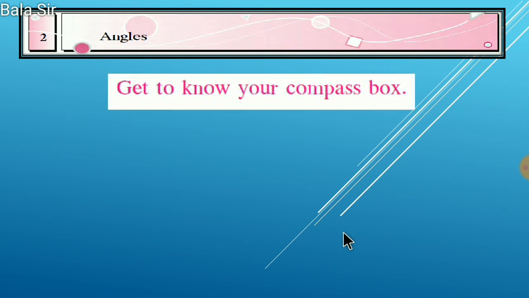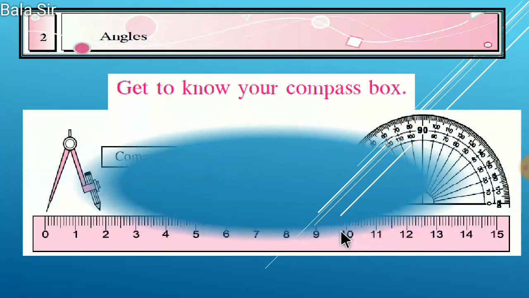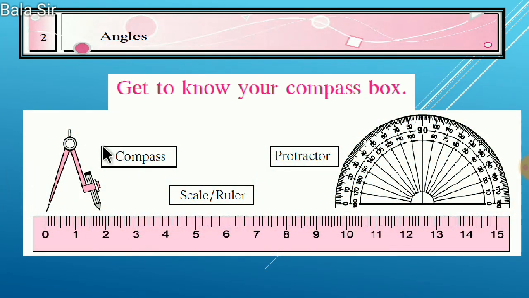Let's get to know your compass box. You have seen the geometry box. The geometry box contains a compass, a scale or ruler, and a protractor. This protractor is used to measure angles. This compass is used to draw a circle.